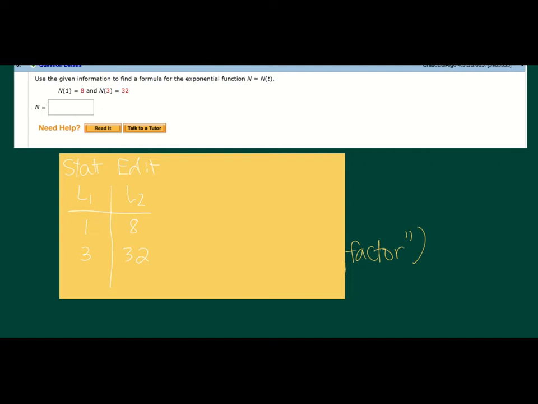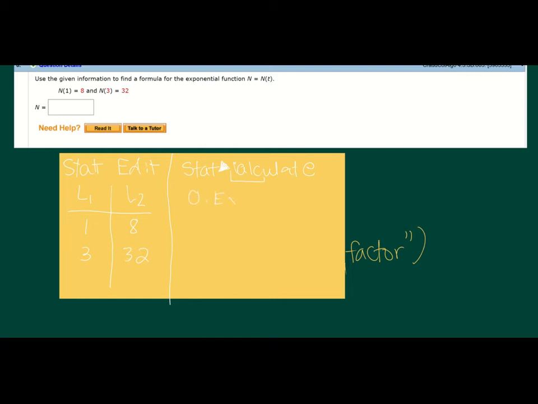So what we can do now, once you have your data in the calculator, is hit Stat, Calculate, and I think it just says Calc at the top of the screen, so you're just scrolling over to the right out of that Edit screen. So Stat, Calculate, and it's option 0.